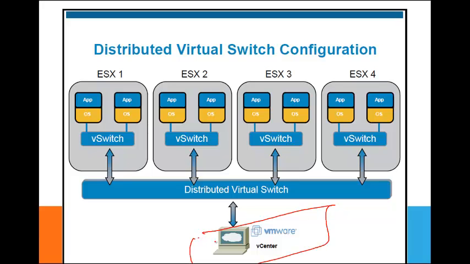So with the help of vCenter, we can control vSwitches on various hosts. These are all separate ESXi, separate physical hosts. So using VMware distributed virtual switch technology, multiple switches within a cluster, this is one cluster now, can be configured from a central point.